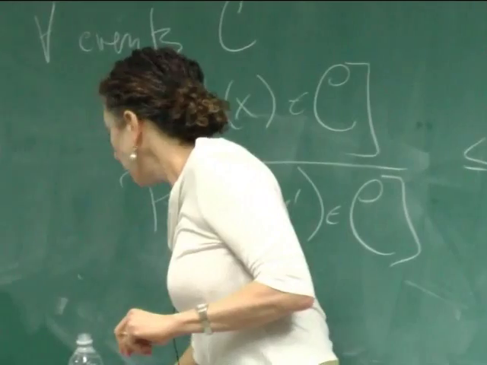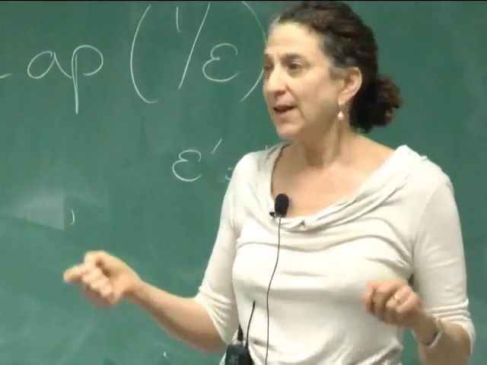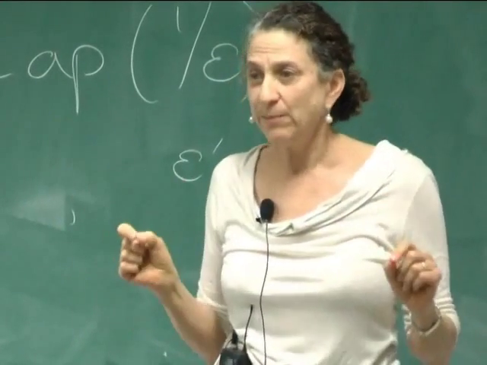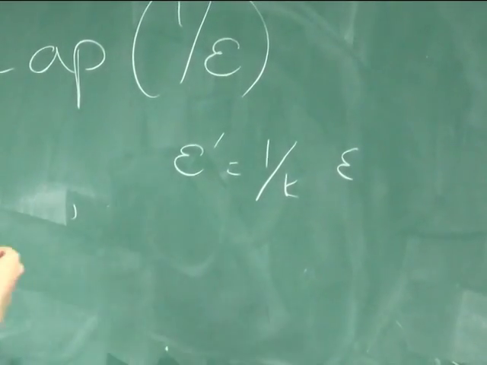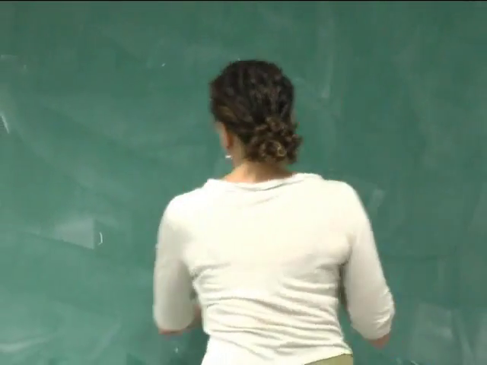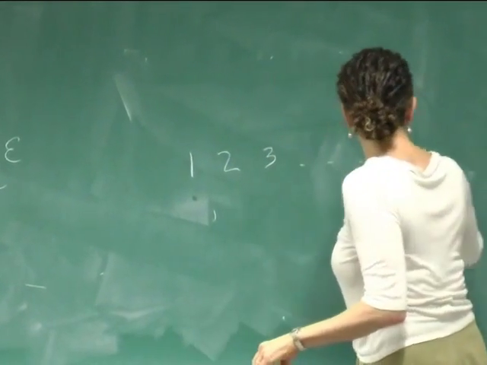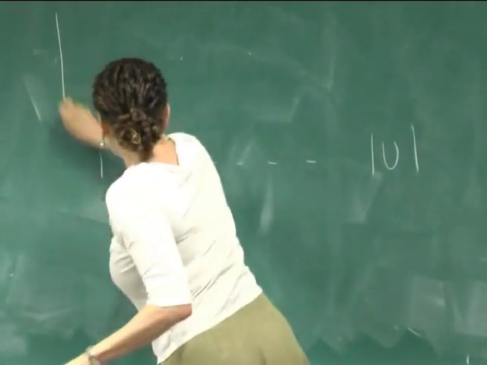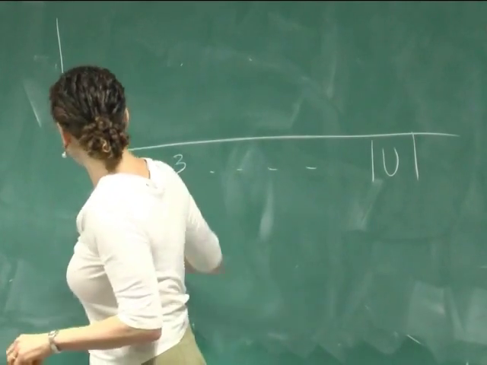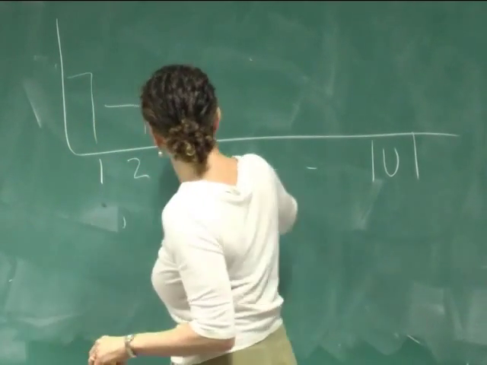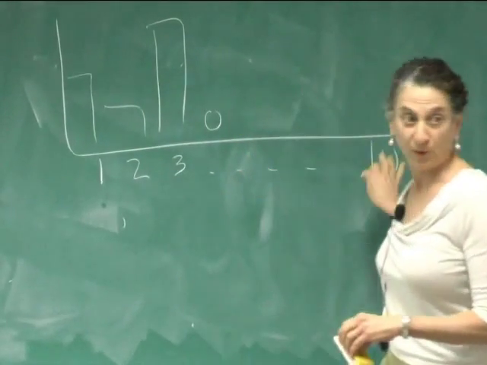Okay, so I can think of a database, not the query, the database, as a histogram with U different cells. So here's the first data type, the second data type, the third, all the way up to U. And for each one of these, maybe I have this many people of type 1 and this many people of type 2 and that many of type 3, nobody of type 4, and so on.